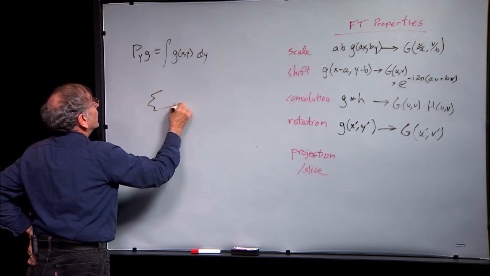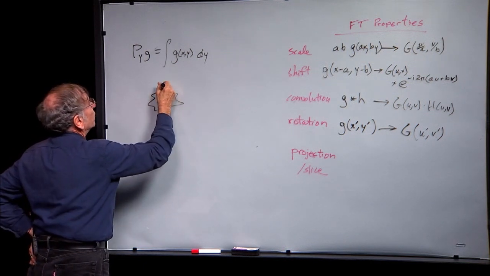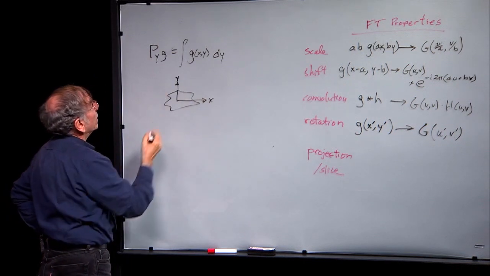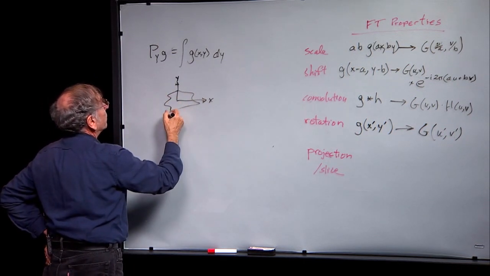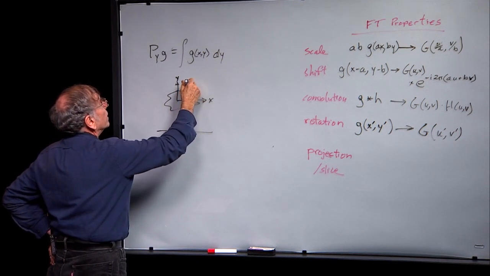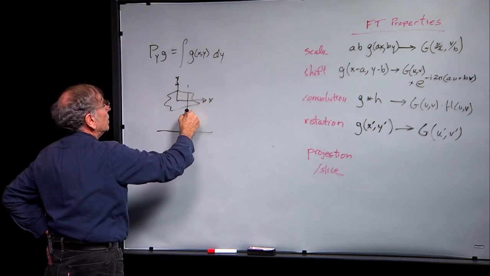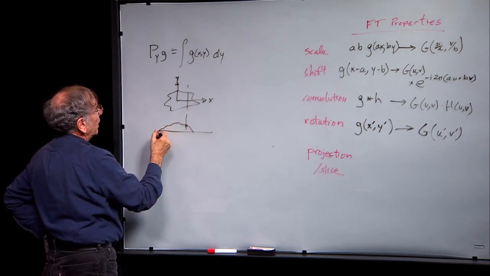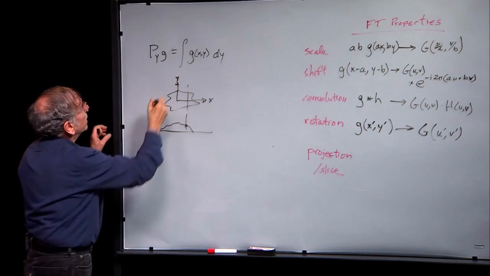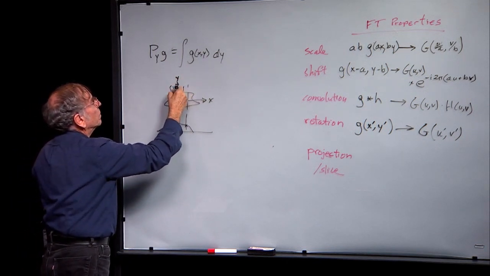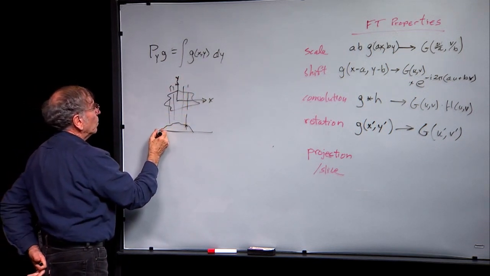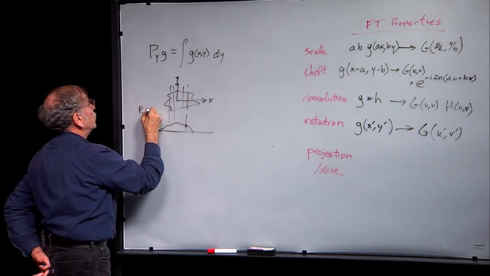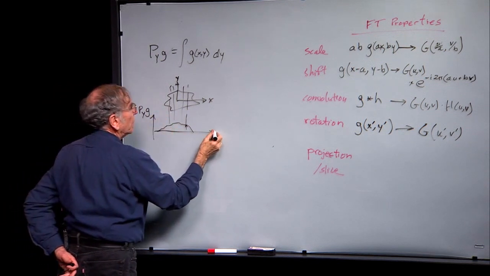So here's how I think about it. Here is my density. This is g of x, y. And if I integrate along the y direction, then I just take all the density that I find along a particular line and add it up, and sum up these densities as we take these projections through the 2D density, and we get a one-dimensional density that I'll call P sub y of g, and this whole thing is a function of x.